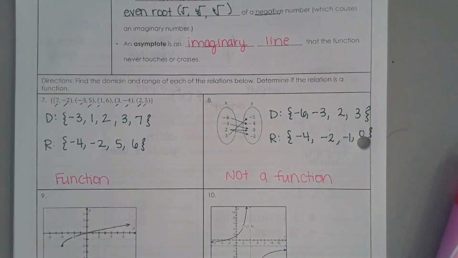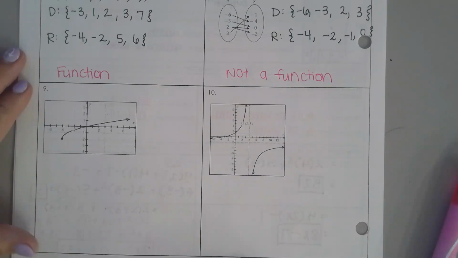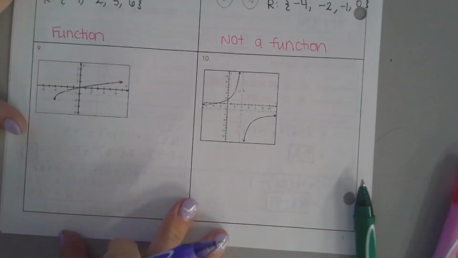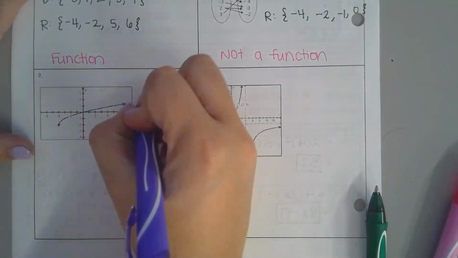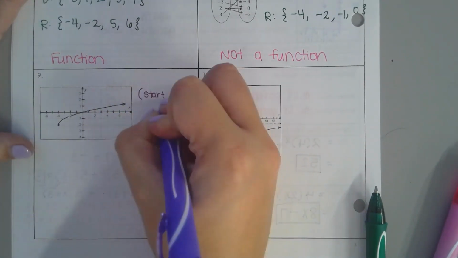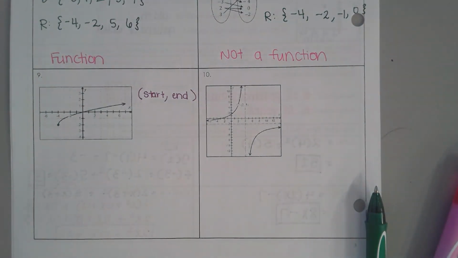Alright. Getting a little bit harder because we're going to go to some graphs. When we did graphs, one thing we learned about last year was the intervals. So our answer, we're going to have a parenthesis, and we're going to have a starting number and an ending number, and those are going to be in parentheses.